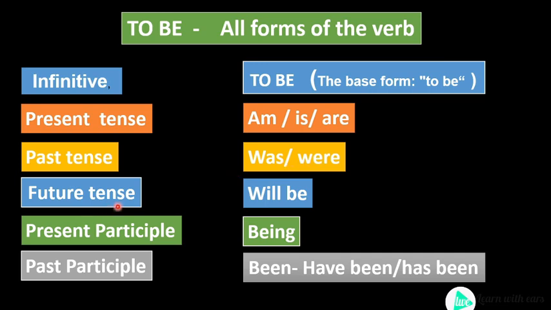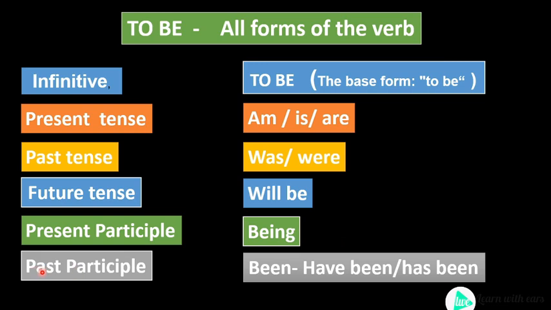In future tense we use will be. This is a simple one. Present participle. In present participle we use be and ing with be: being, like my friend is being polite, my teacher is being helpful.